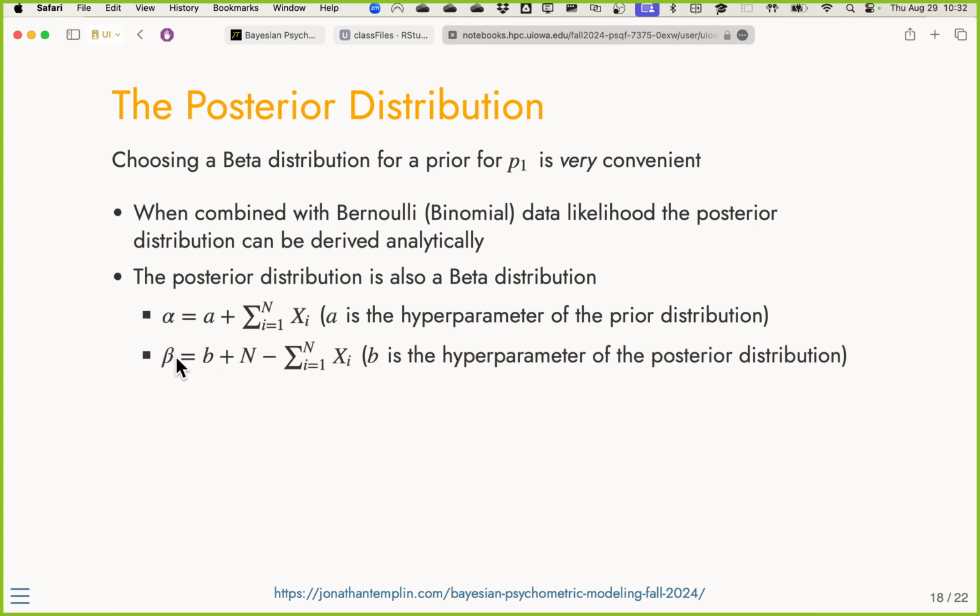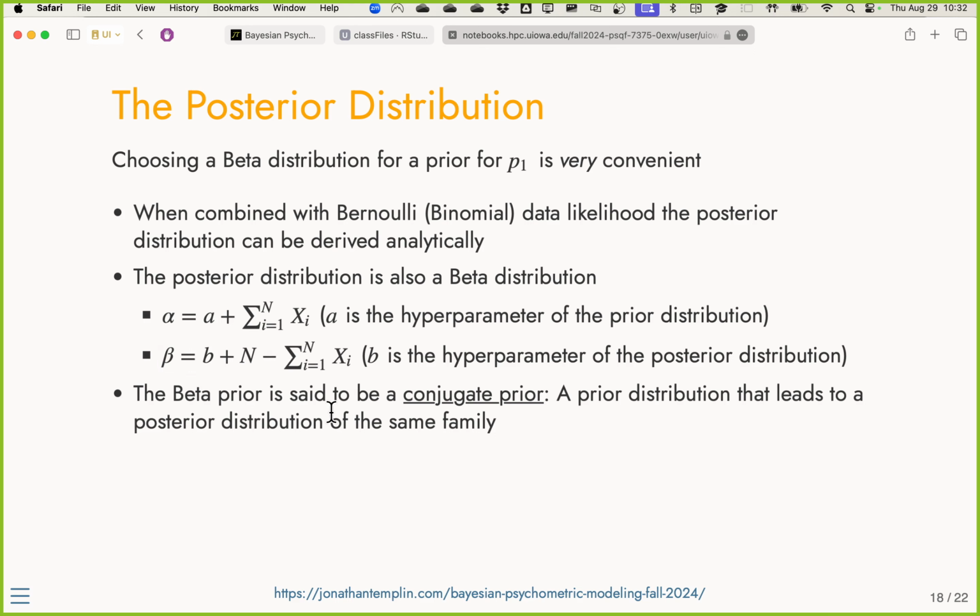The beta parameter of the posterior distribution, remember this is after you've observed my die roll, is the beta parameter of the prior, which I'm calling B in this slide, plus the number of times you didn't observe a 1. So we can easily estimate a posterior distribution in this very small example.